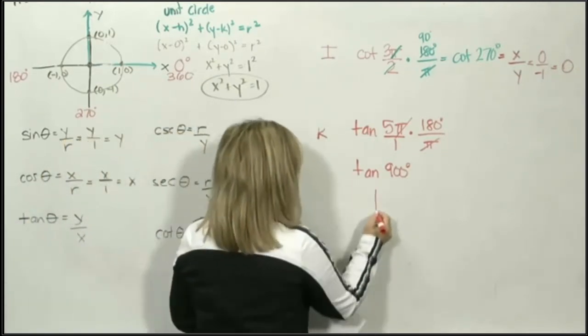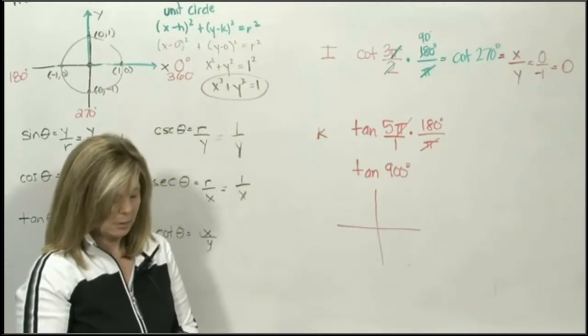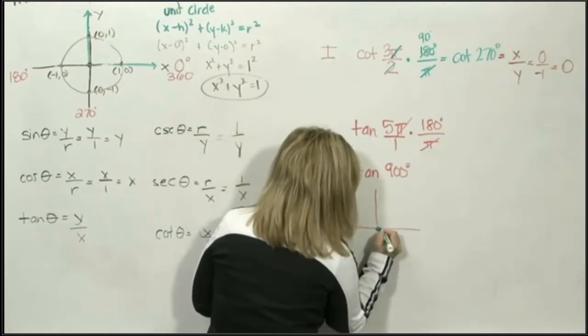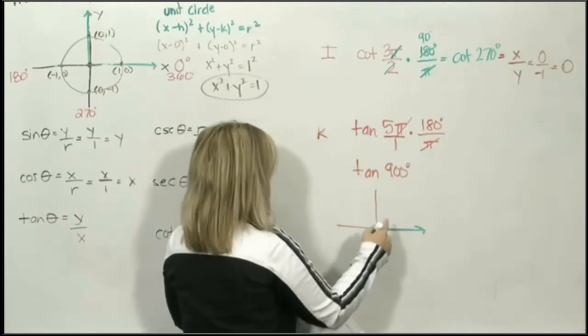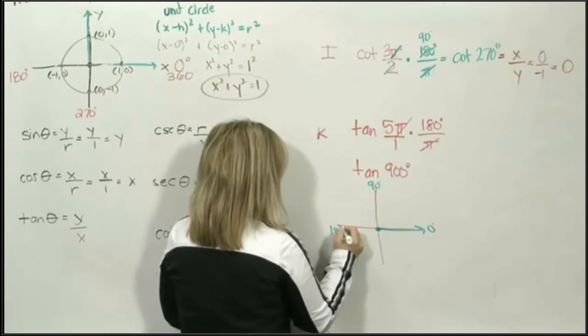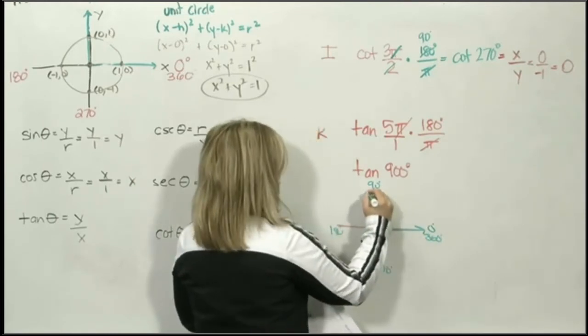So the first thing I got to do is draw it and see where does the terminal ray land. Okay? So I'll put my vertex. I'll put my initial ray. All right, let's count. This is 0, 90, 180, 270, 360. Multiples of 90.